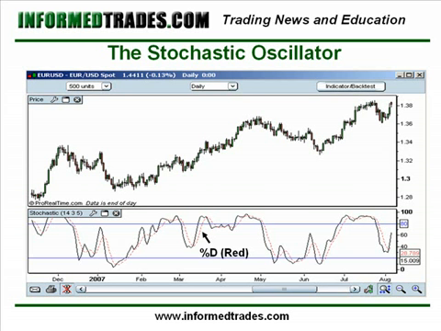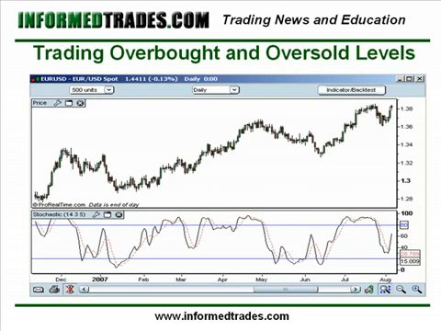It's a banded oscillator just like the RSI, so it fluctuates between 0 and 100, and the upper end of the range is marked by a line at 80, and the lower end of the range is marked by a line at 20. The first way that traders use this is to trade overbought and oversold levels.